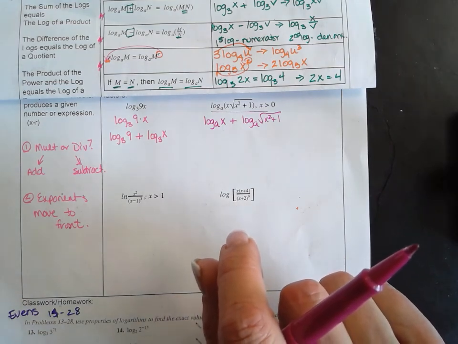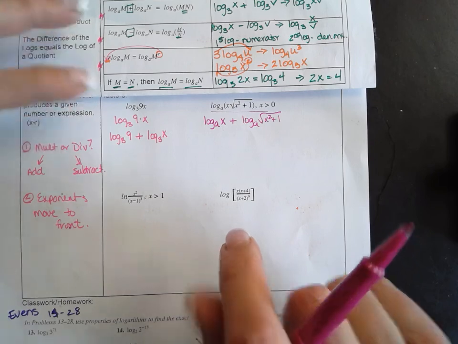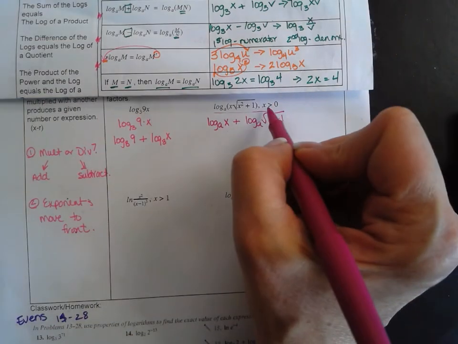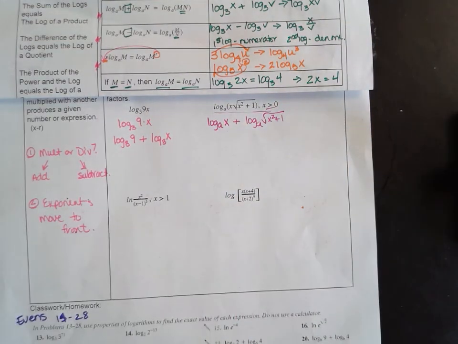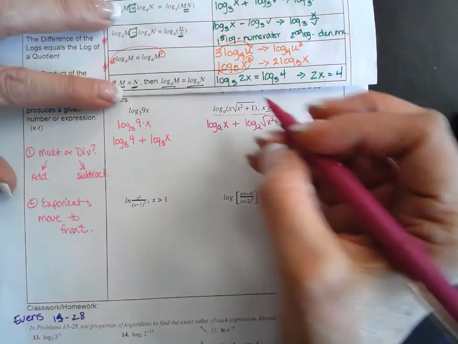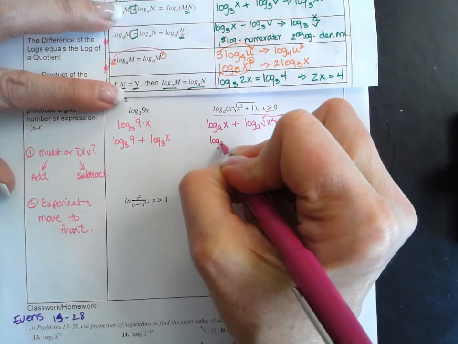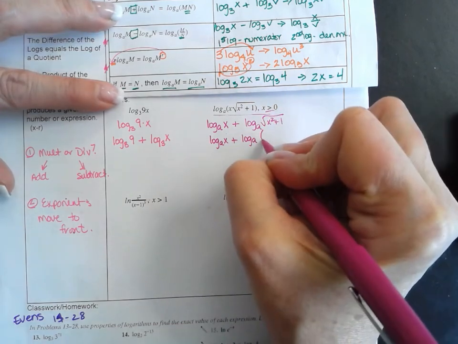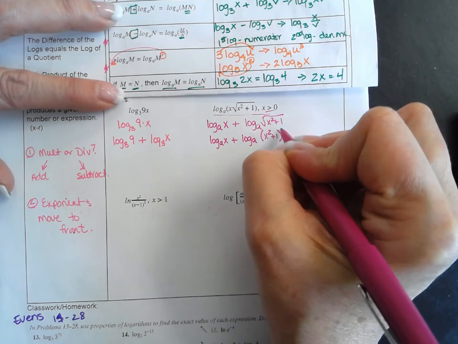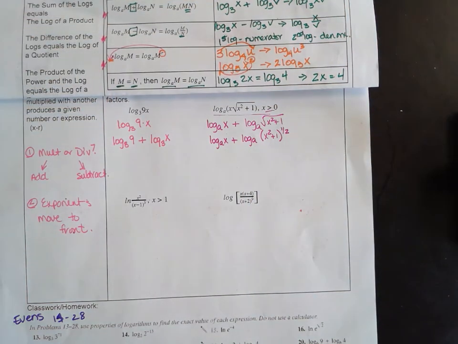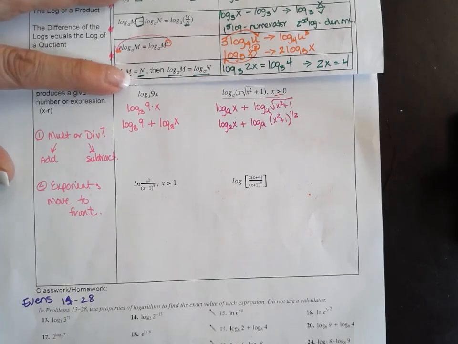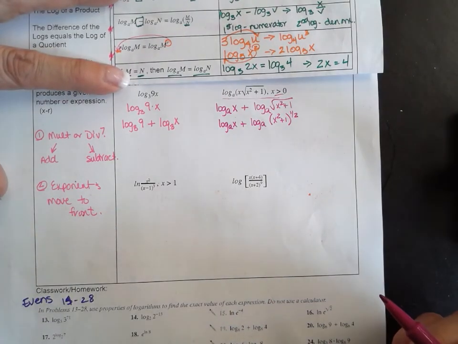Wait, is the x greater than 0? No, that's just the rule to make it correct, since I have a radical, I can't have any negative numbers there. However, how can I rewrite my radical? As an exponent of 1/2. Perfect. Okay, now do I have an exponent?